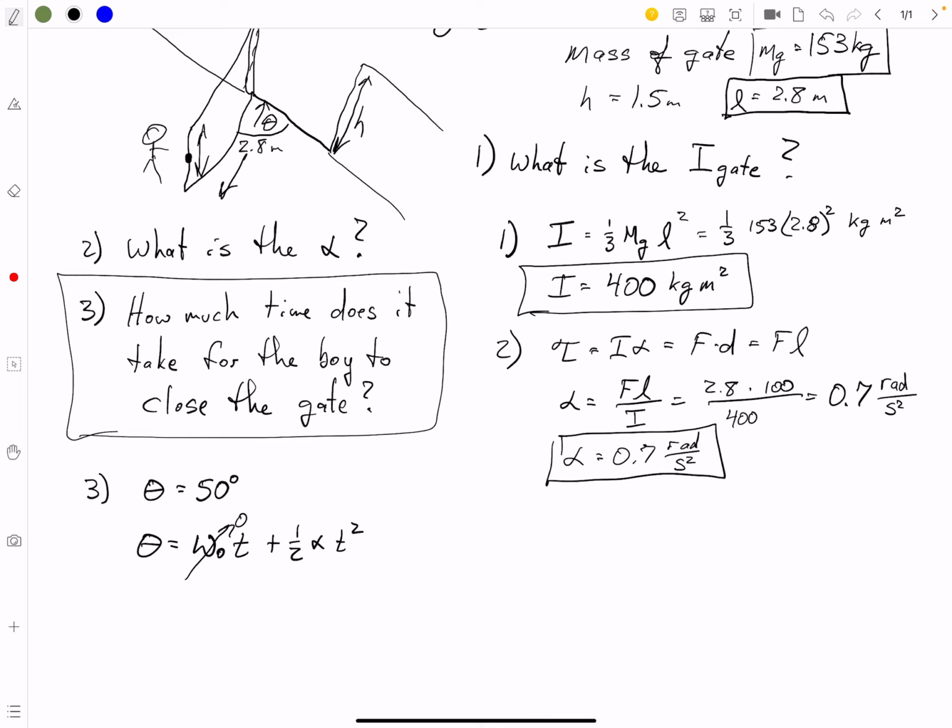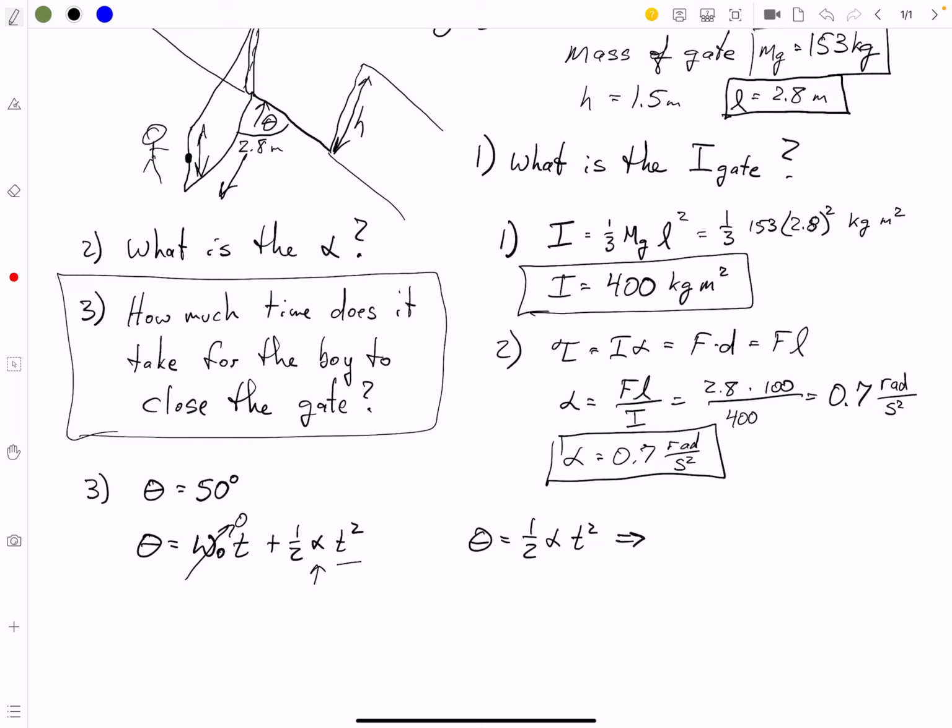And we know what alpha is. So we can solve for t using theta equals 1/2 alpha t squared. That'll give us a t, and let's pray. We're going to just pray that homeboy, our little guy, that he doesn't, I don't know what his uncle's going to do to him.